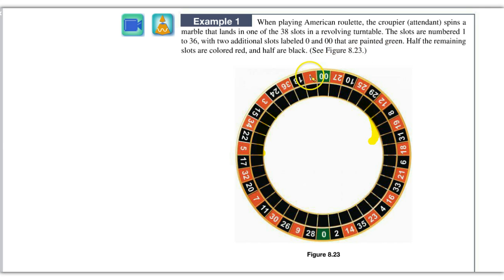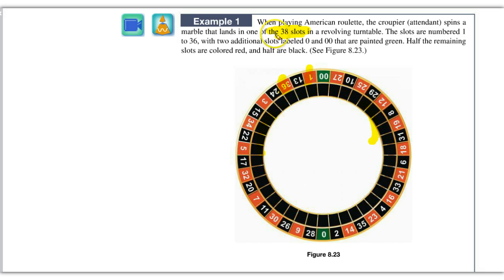Well, there are 38 slots in the roulette wheel. There are numbers 1 through 36 arranged randomly. I see the 1, okay, there's the 36 there.